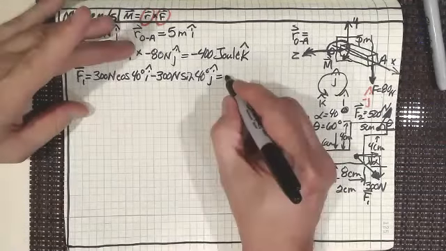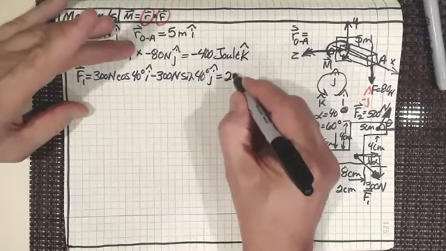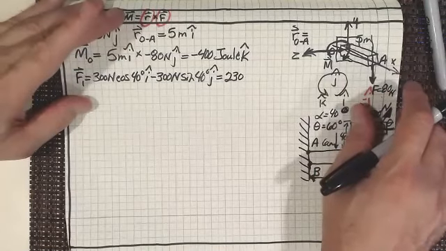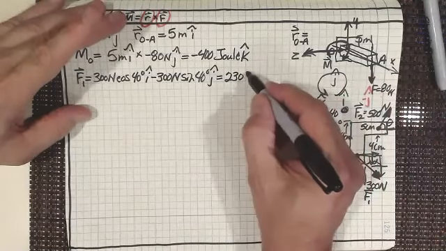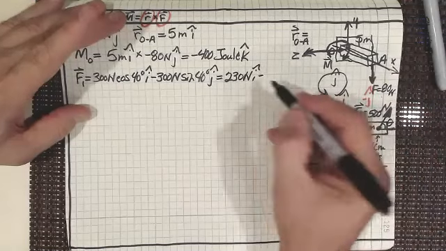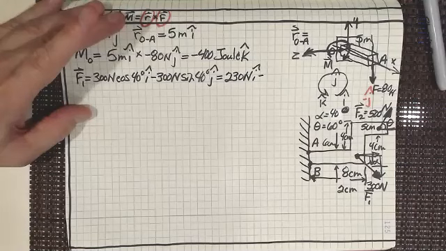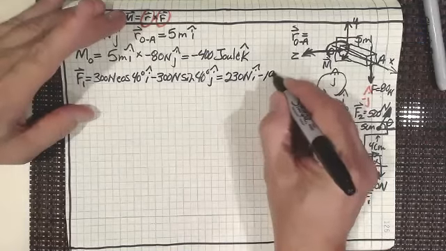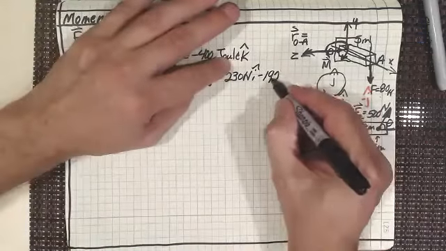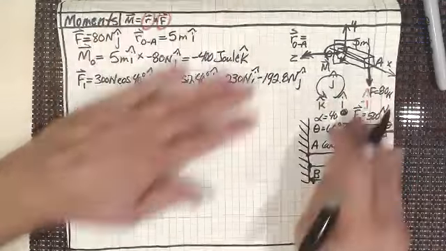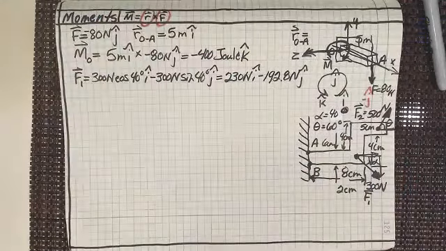Let's say 230. I'm going to round that off a little bit and say 230 newtons in the x direction, and then minus 300 times the sine of 40 degrees gives us 192.8 newtons j hat. So that's what F1 is going to be.